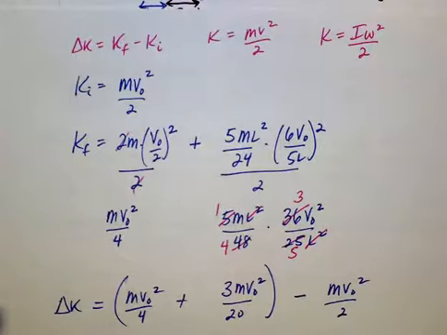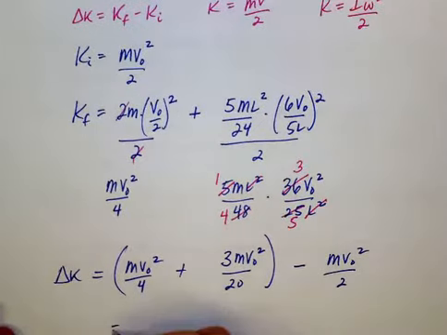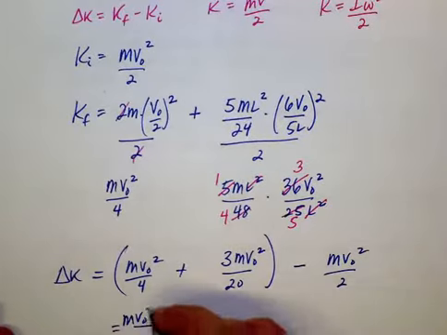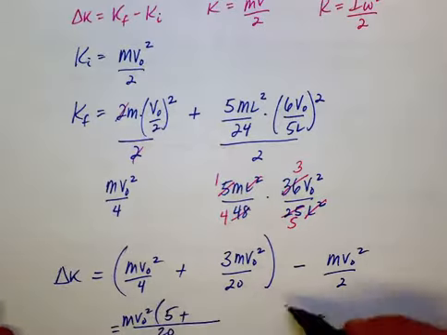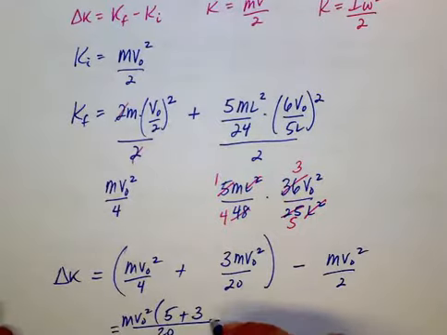Alright, let's see if we can find a common denominator. Looks like 20 would work. So we have m v sub o squared all times 5 over 20, and this would just be 3.